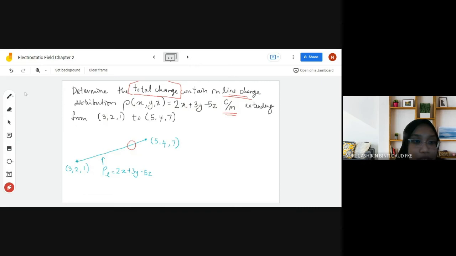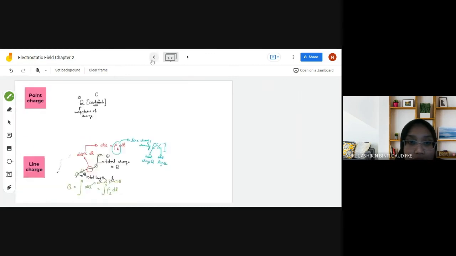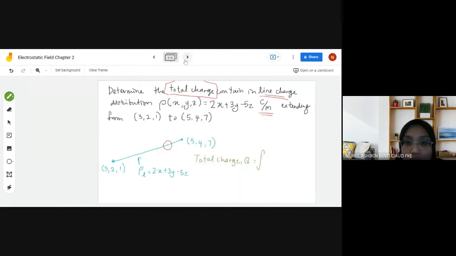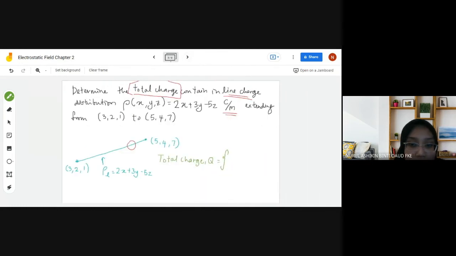So in order to find the total charge, now I need to find the total charge Q. Based on this line charge, the total charge is the integral of rho L dl. So total charge Q is equal to the integral of rho L dl. Now dl is the magnitude.